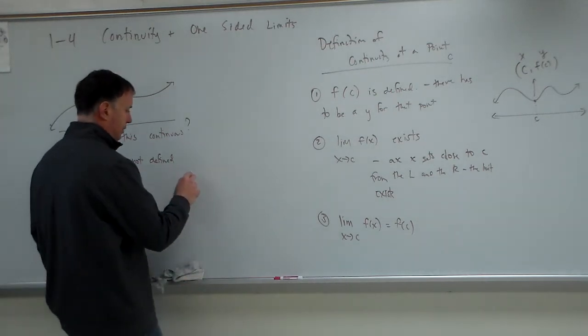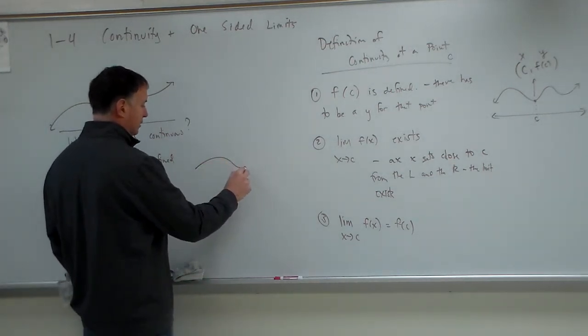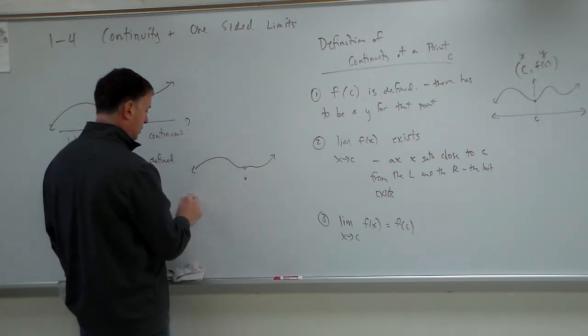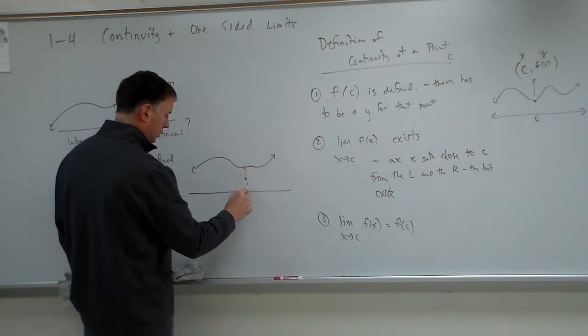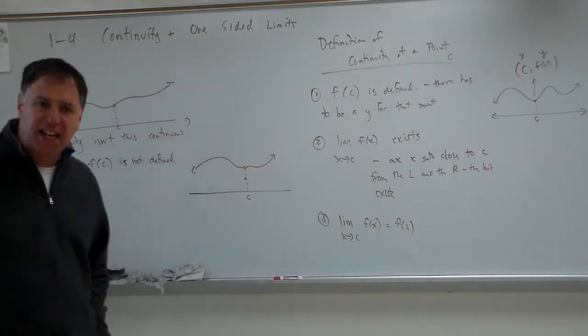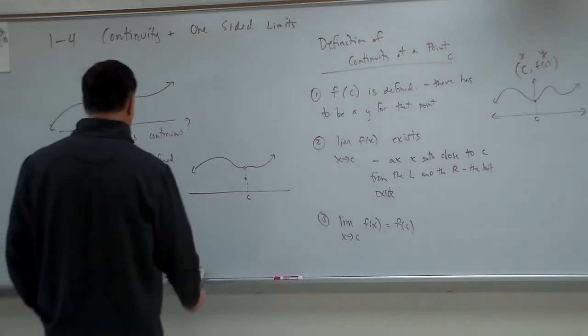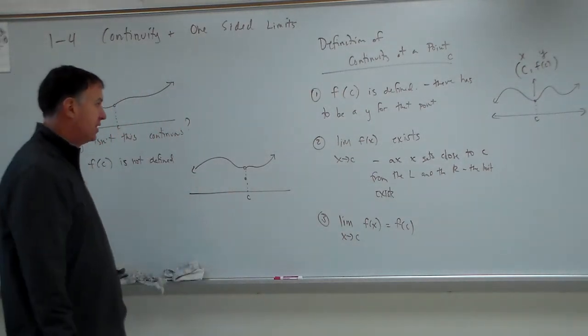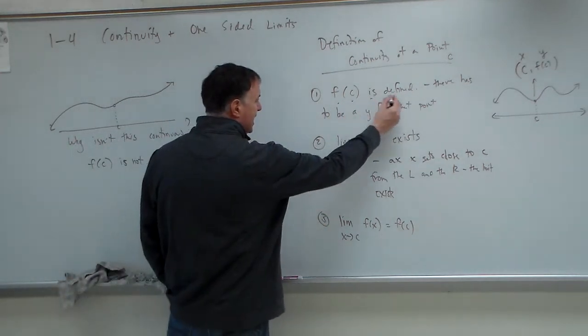Let's look at another example. We have something that's very similar. Now we're looking at this fictional point c again, and we want to see whether we can pass through these conditions. f of c is defined.